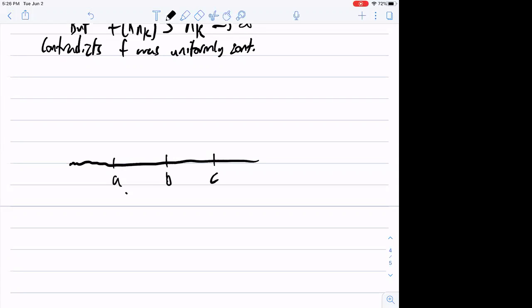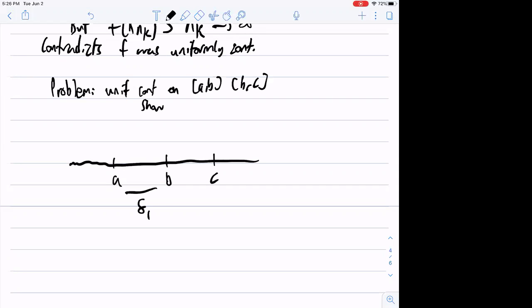So there's a delta 1 that works on here, right? Because f is uniformly continuous on AB. So the problem is: f is uniformly continuous on AB and BC, show f is uniformly continuous on A to C, right? And then there's a delta 2 that works for this, right?